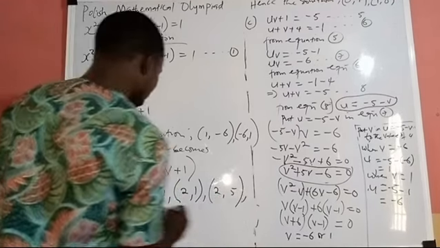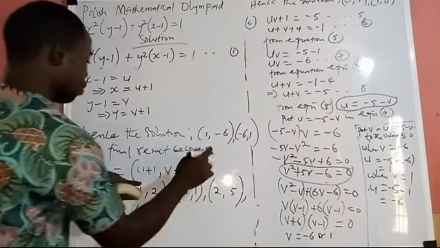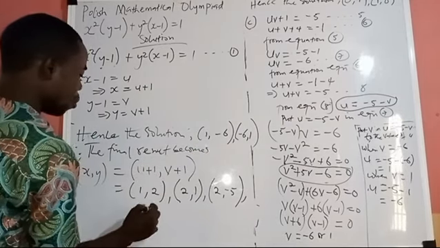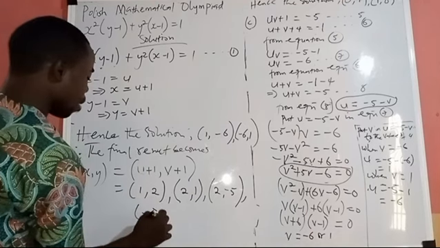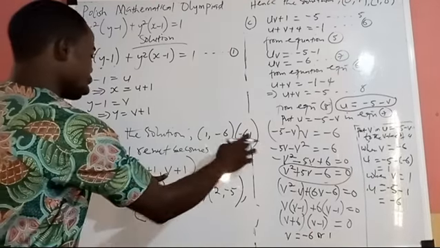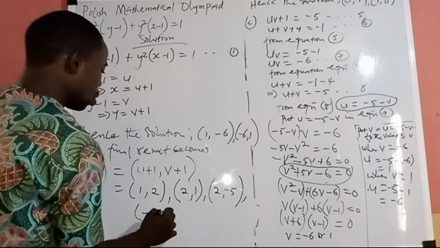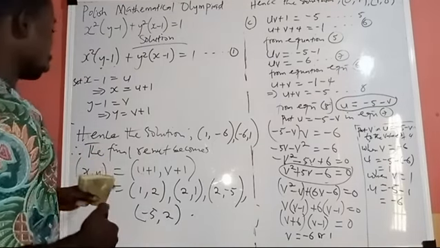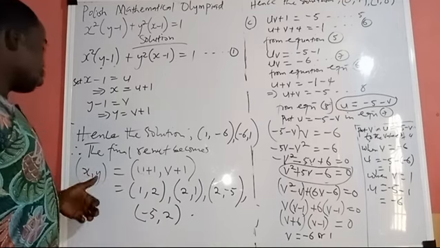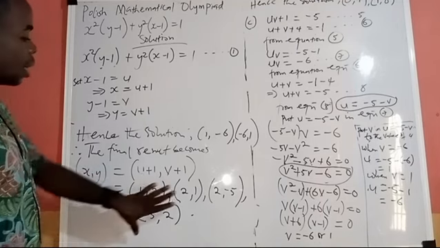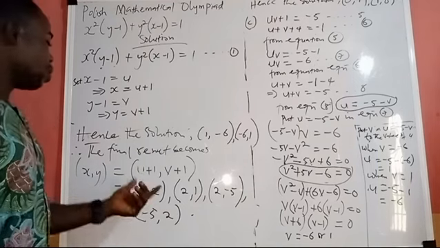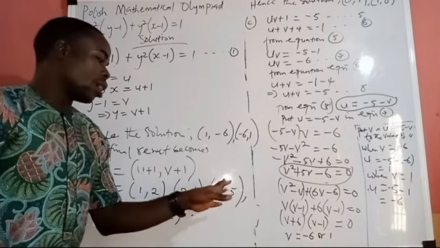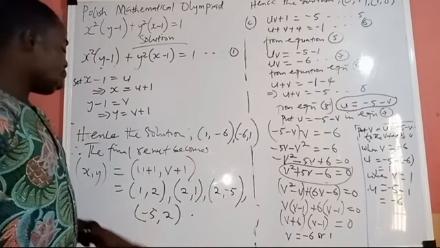And finally, when u is equal to minus 6, plus 1 will give us minus 5, and then for this one, our v is equal to 1, 1 plus 1 will give us 2. So this is going to be the final result, the final answer for our values of x and y. So you can take any of these solutions, whether 1, 2, 2, 1, 2, minus 5 or minus 5, 2.